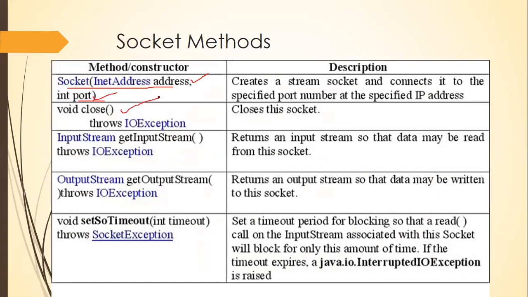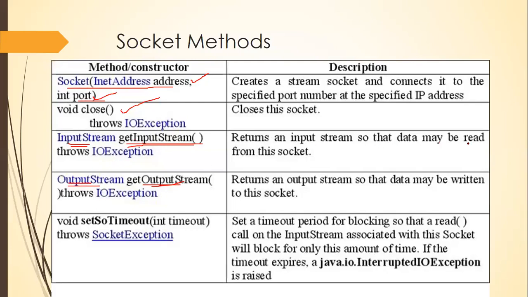Then we can close the socket, and we even have a method called getInputStream, which will of course return an input stream so that data can be read from the socket. You even have getOutputStream, which will return an output stream so that data may be written onto the socket.